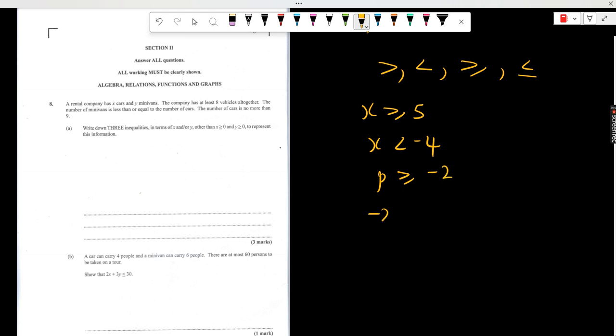We can write -2 is less than x, which is less than or equal to 5. When it comes to plotting graphs, sometimes we're given the domain of the function in such a manner. So for instance, -2 less than or equal to x less than or equal to 5 would mean that x lies between -2 and 5 inclusive. So we'll take values -2, -1, 0, 1, 2, 3, 4, 5, and so on. So these are all examples of inequalities.